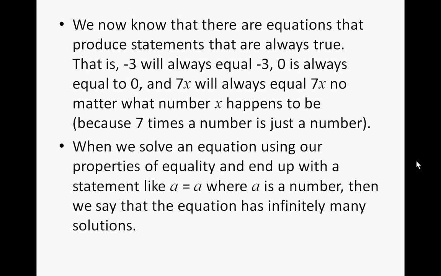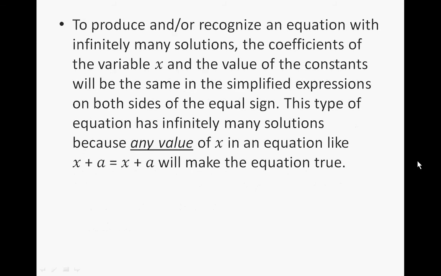So when we solve an equation using our properties of equality and end up with a statement like a equals a, where a is a number, then we say that the equation has infinitely many solutions. So to produce and/or recognize an equation with infinitely many solutions, the coefficients of the variable x and the value of the constants will be the same in the simplified expressions on both sides of the equal sign.